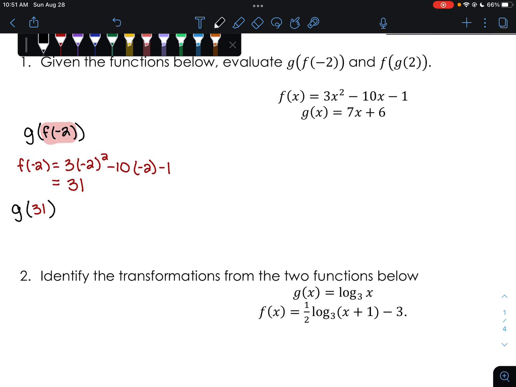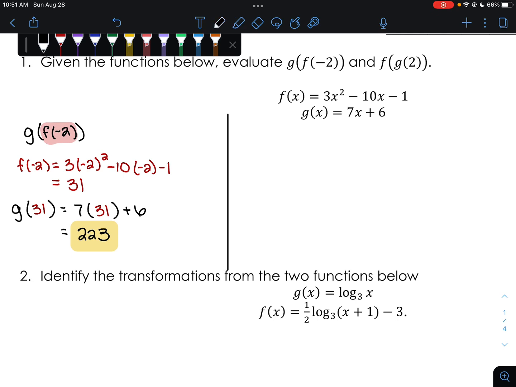So now we find g of 31, which means in our equation for g, we're going to plug in 31 for the x value. Again, 7 times 31 plus 6 can be typed into a calculator, and it would give you an answer of 223. And that would be the final answer for g of f of -2.